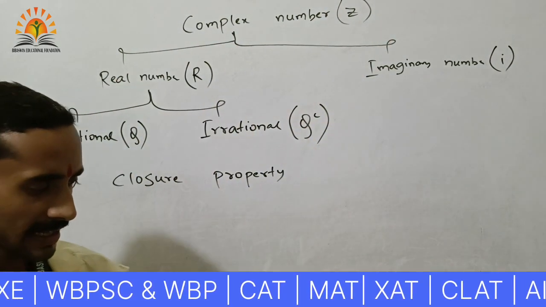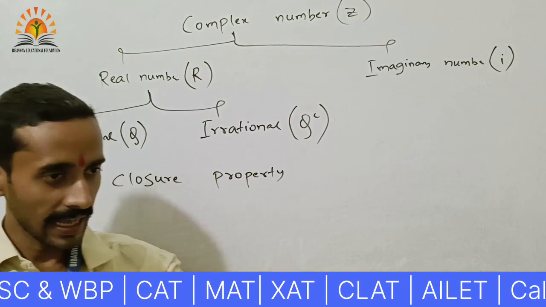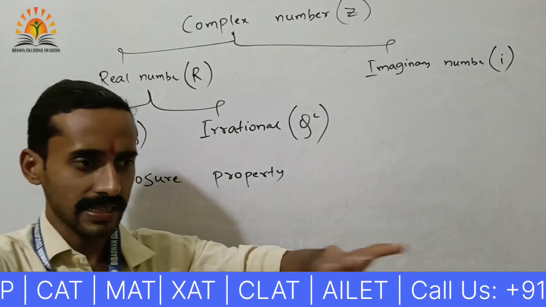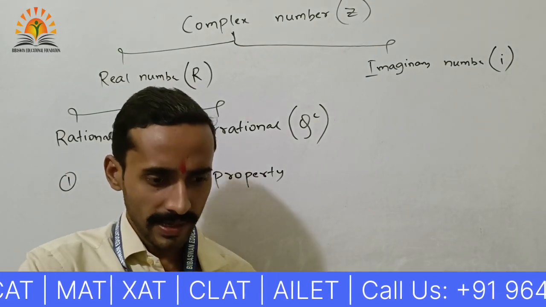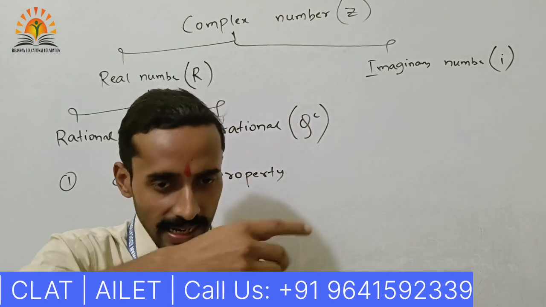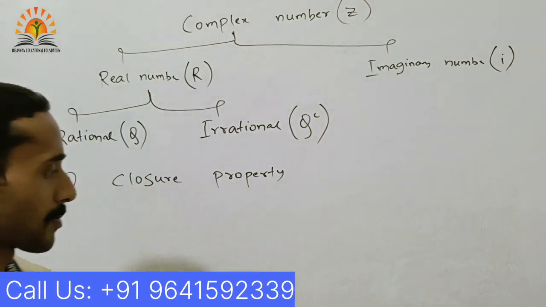Assume that this is a set, and if you add two things, the answer should be in the set. For example, 2 plus 4 gives 6, and it also belongs to the set. This property is known as closure property.